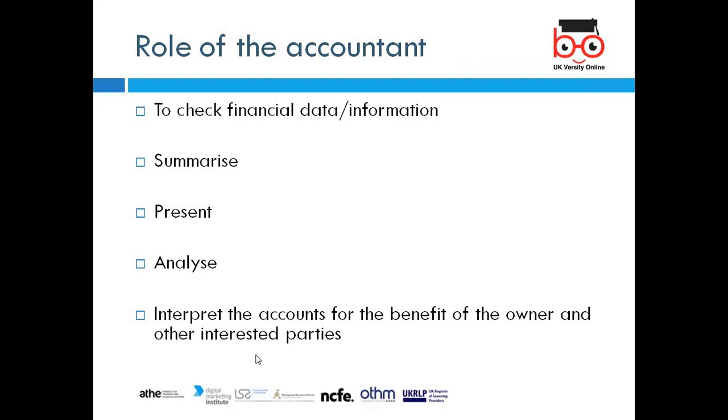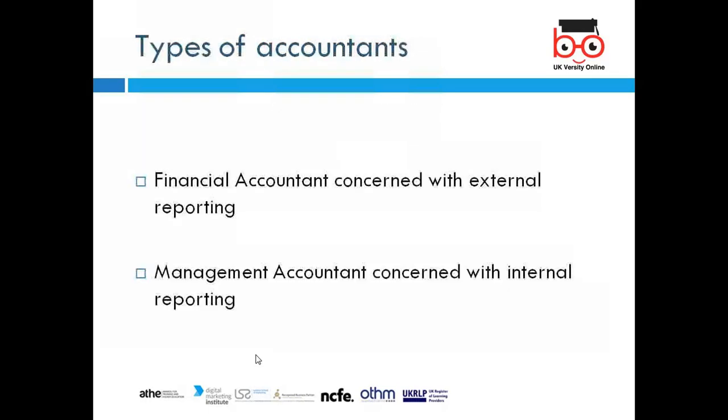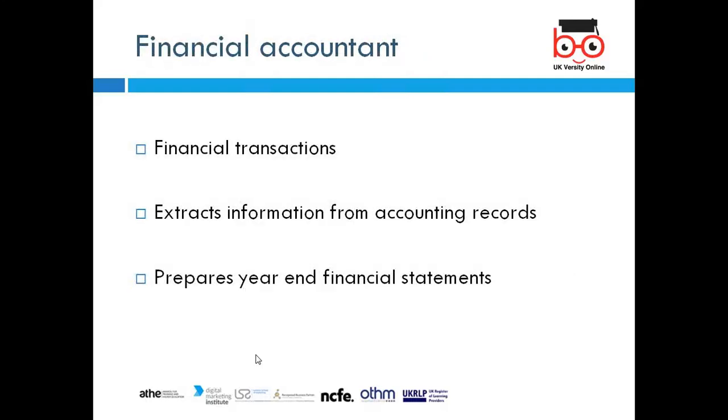The role of accounting is to check the financial data and information, summarize, present, analyze, and interpret them. Sales trend of previous years. The financial accountant is concerned with external reporting; management accounting covers the internal financial transactions and information, keeping records and preparing them.